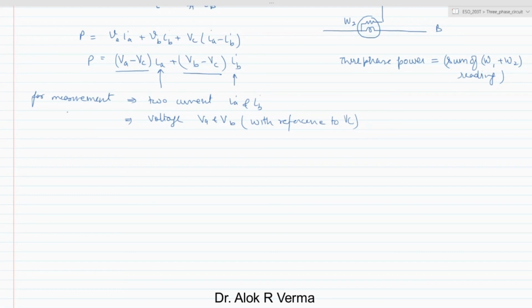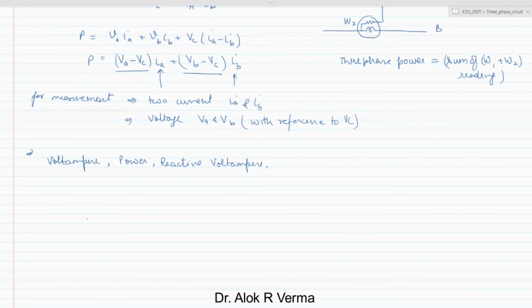Now let us see the mathematics of the power values. If you consider volt amperes, which is your complex power, then you have your real power and reactive volt amperes.